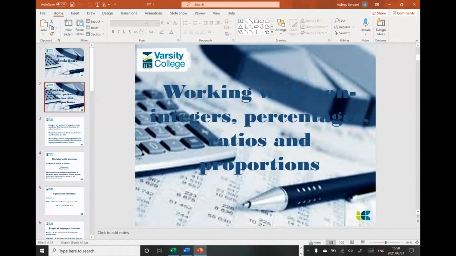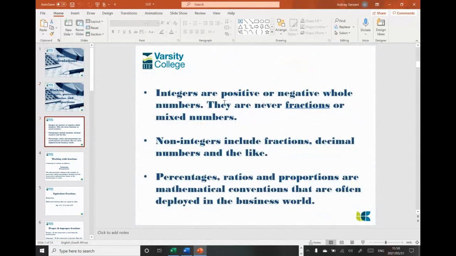So unit 2 is working with non-integers, percentages, ratios, and proportions. Integers, what are integers? Integers are positive or negative whole numbers. They are never fractions or mixed numbers.